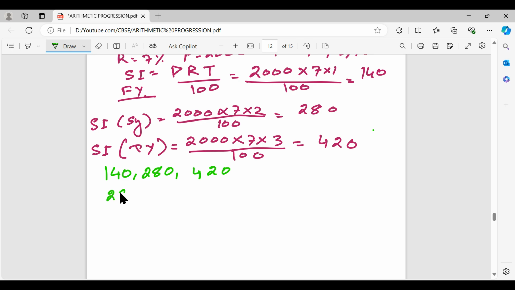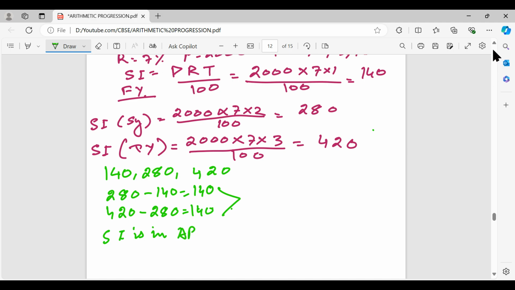So 280 minus 140 is nothing but 140. And then 420 minus 280 equals 140. So you can see the common difference is the same. So the simple interest is in AP.